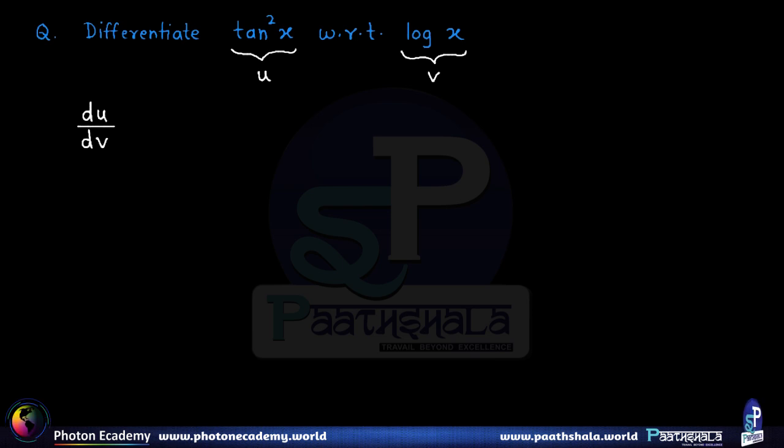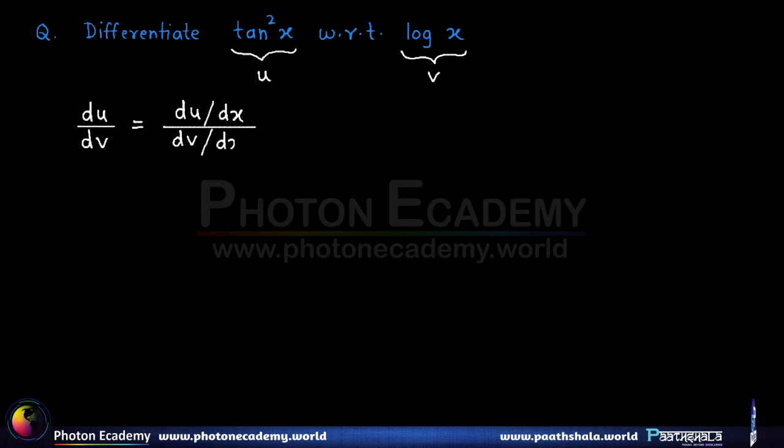Since u is a function of x and v is a function of x, using parametric differentiation we can write du by dv as nothing but du by dx upon dv by dx. So you see here x itself has to be considered as the parameter. Now du by dx, that is the derivative of tan square, that is the square of tan.